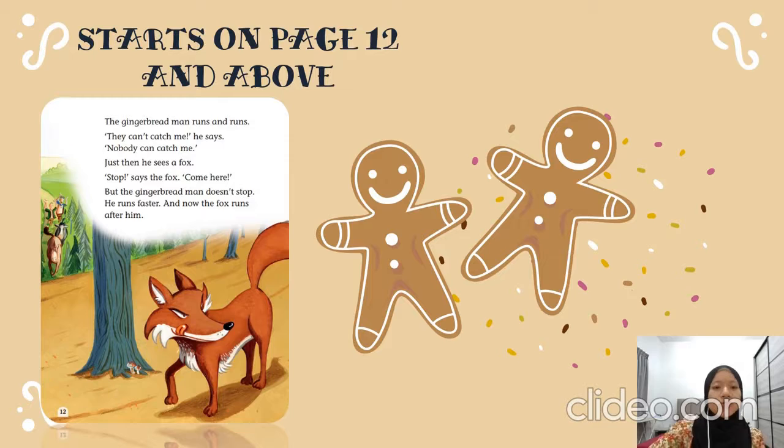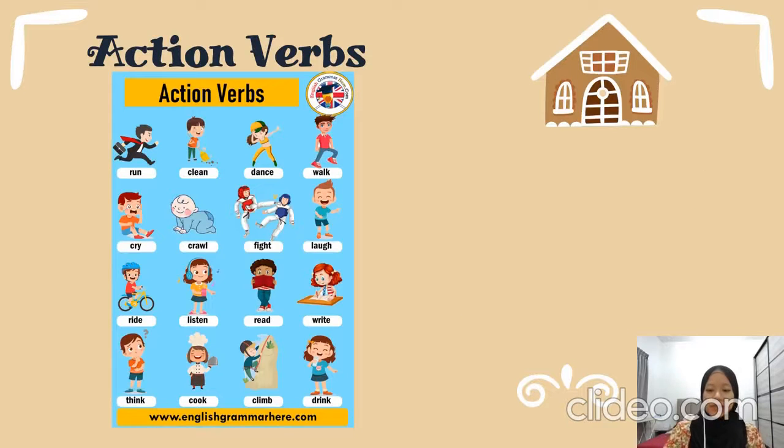So the next one. Okay, since they will be using action verbs in the alternative scenes, before we can proceed to give alternative scenes, I will show them an illustration of action verbs, which means I will teach them several action verbs.